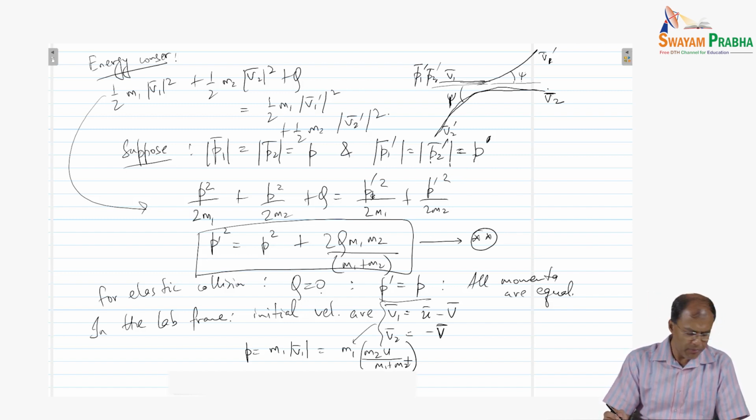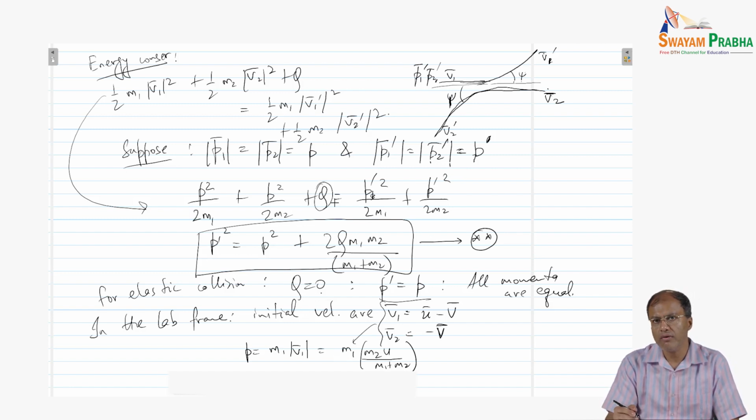Okay, so what have we got here? The momenta are equal here, whether the collisions are elastic or not. The scattering process in this zero momentum frame is completely determined by Q and psi. That is the beauty of studying this collision process in the zero momentum frame, because now we only have 2 degrees of freedom, which are capital Q and psi, right?